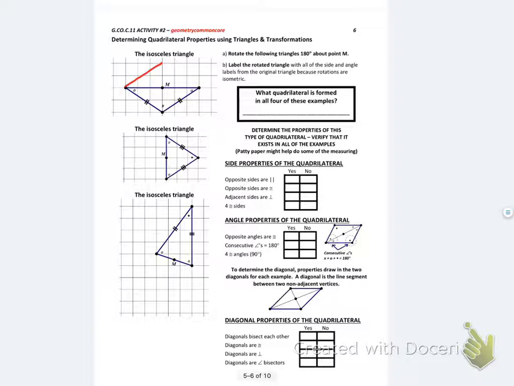Remember, we're investigating a new quadrilateral each time we do this. So think about what quadrilateral this is going to be. Okay, I'm hearing you guys saying it. This is an example of a rhombus.